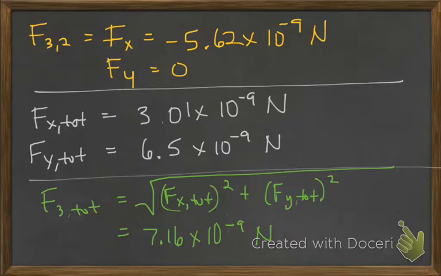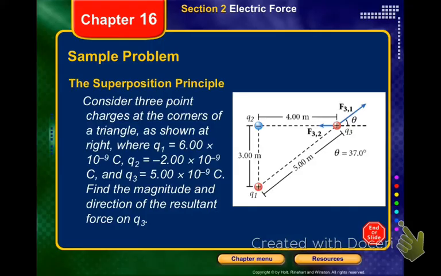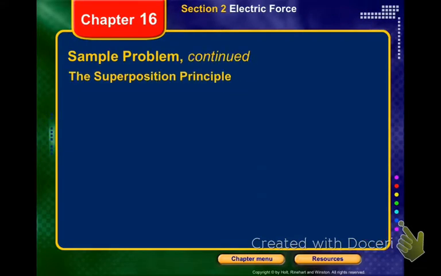Like I said, we've just worked through this problem. You've got everything in the PowerPoint here. They show you the details of how they set up everything, so you can look at the positives, negatives, all of the math, how to find your components, and then your final answer.